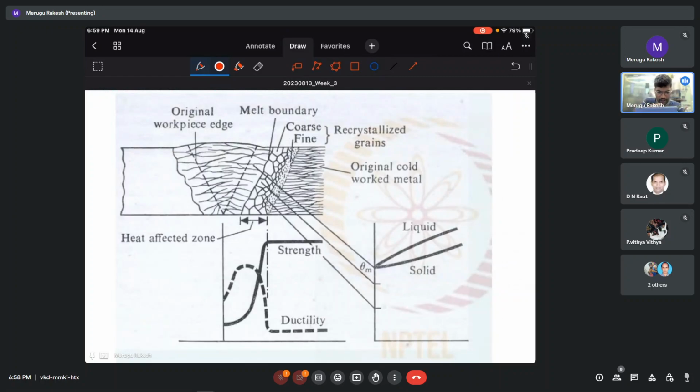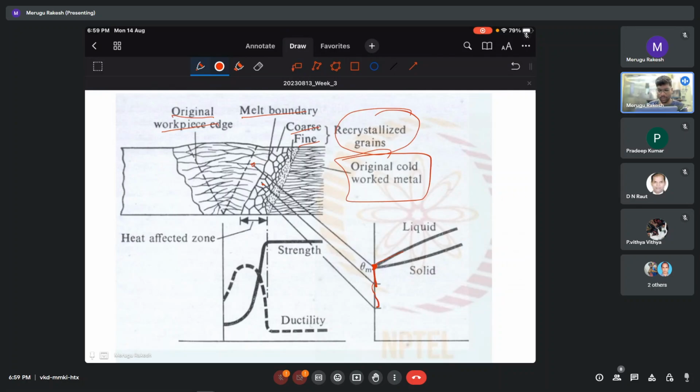Basically, we have the original workpiece edge, a melt boundary, and coarse grains, then fine recrystallized grains, and then the original work material. If you see each state, one is at the center, where the liquid is just getting solidified, then the other is just below the solidus line, and the other is a little farther away from the solidus line.